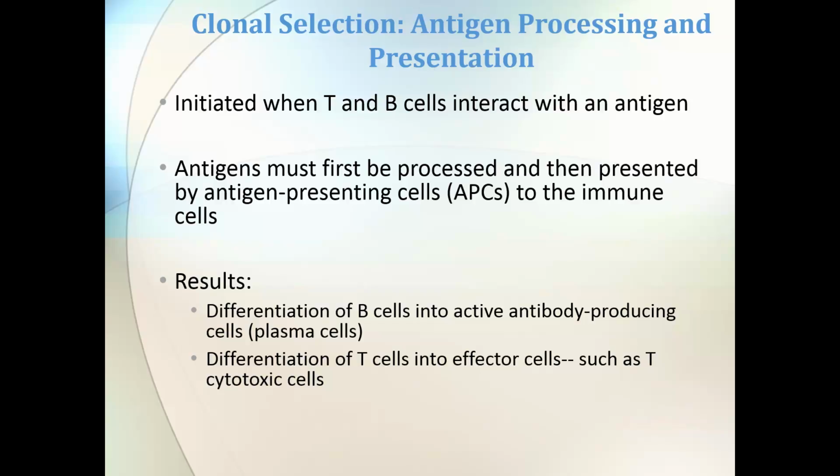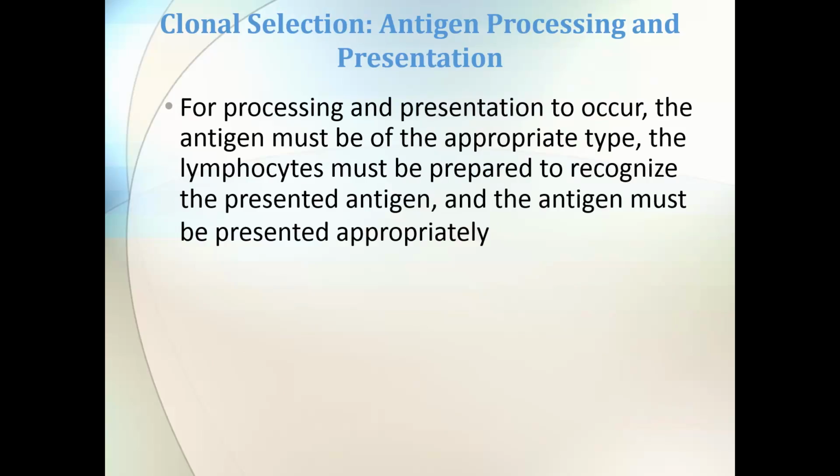Okay? Now these next few slides are a reiteration and summary of what I just said. For processing and presentation of those antigens to those B cells or T cells to occur, the antigen must be that particular antigen for that particular cell.